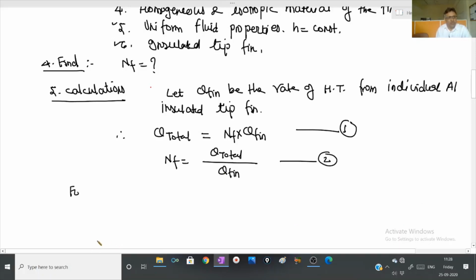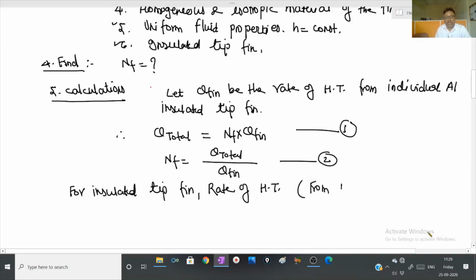So we know for insulated tip fin, the rate of heat transfer Q fin formula I can get from heat transfer data book.